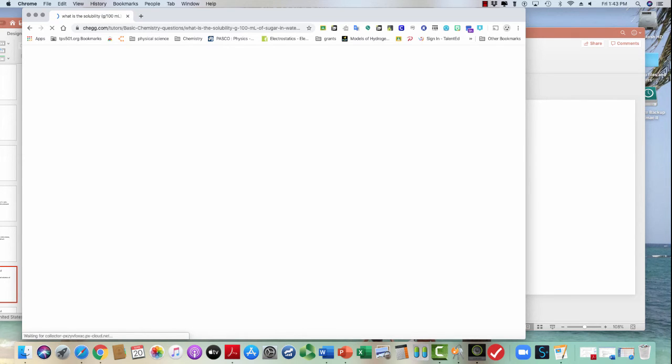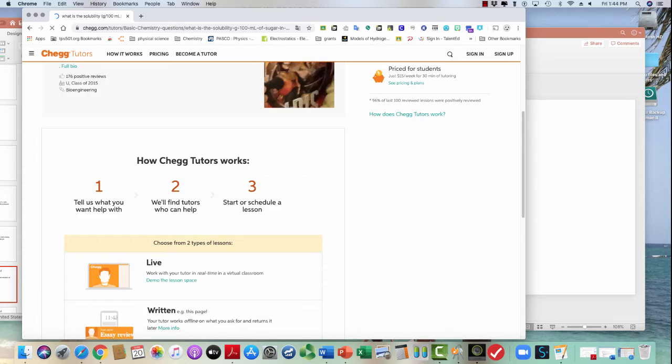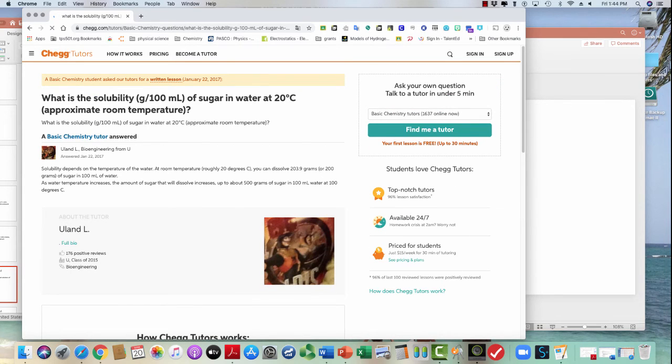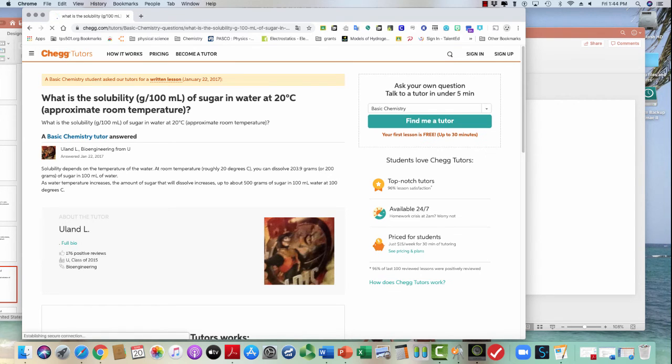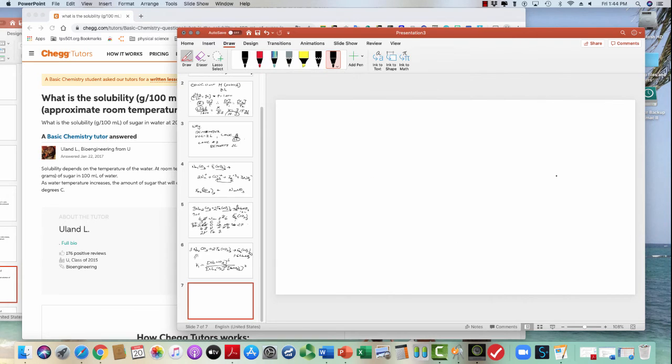As we're looking at this, at room temperature, it's 203.9 grams per 100 mLs of water.